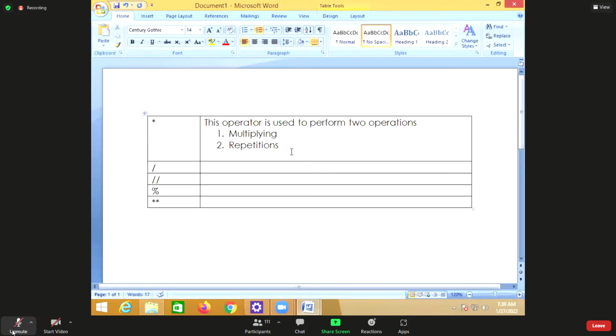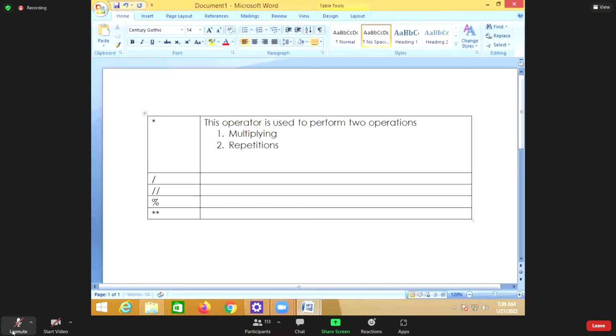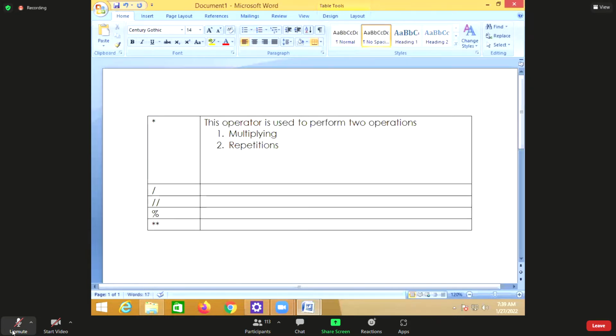Repetition or repeating a sequence number of times. So you can use this multiply operator to perform two operations.